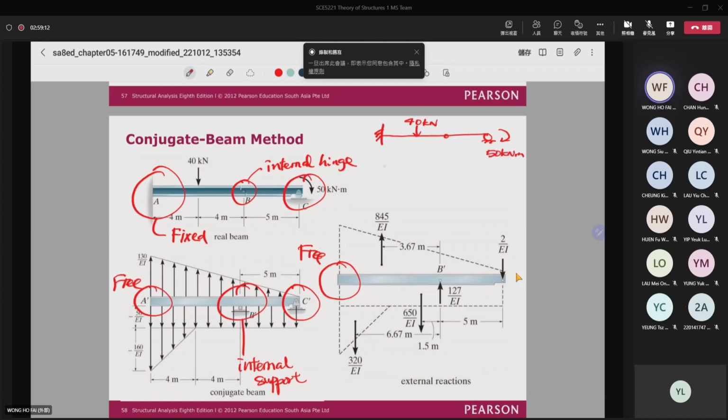So actually, I can decompose it into two cases. First of all, is for the 40 kN applied at the top. And then for the last case, actually, it is the case here. I will apply 50 kNm here.